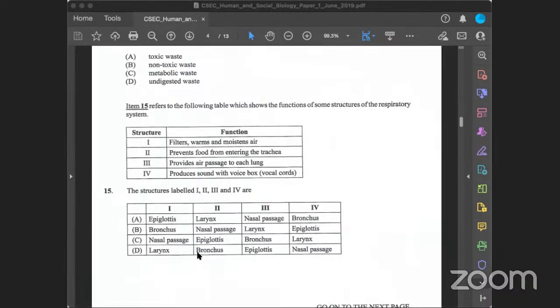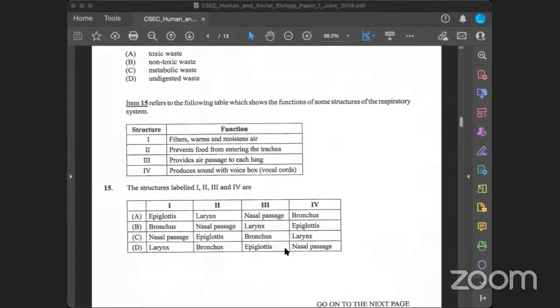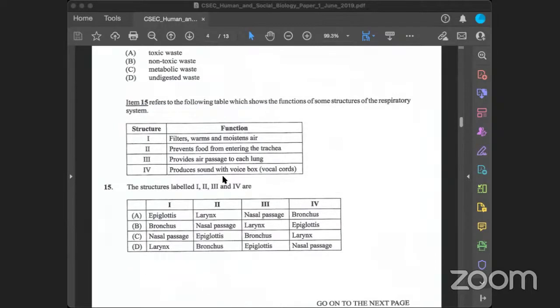So what is going to warm the air and moisten it? What do you think will do that? The nasal passage. My answer is C. It's a poor question, because once you can see one of the things you automatically get the answer, it's not a very good question. But anyway, it's easy for you guys to pick it out when you're in the exam.